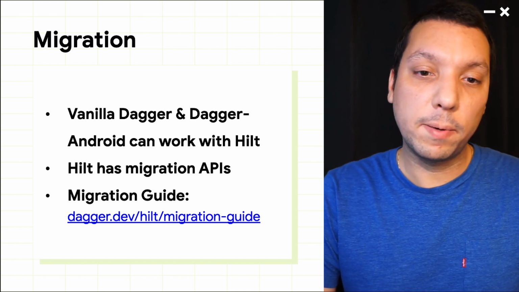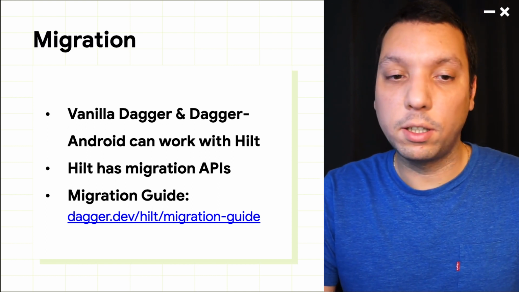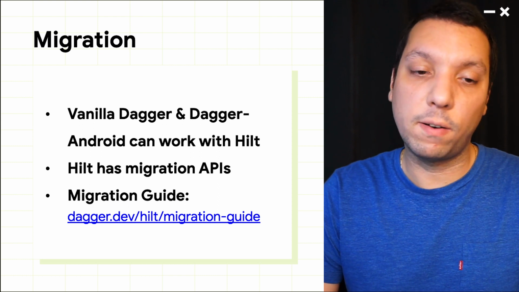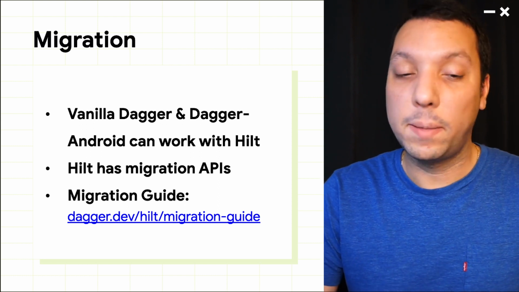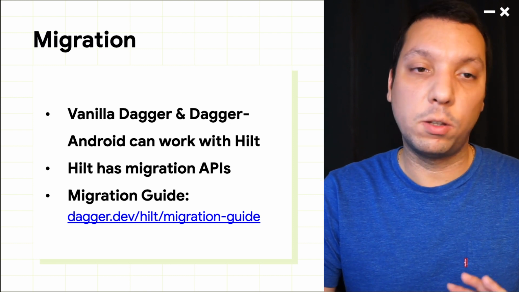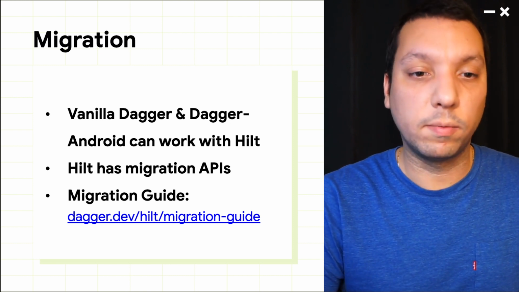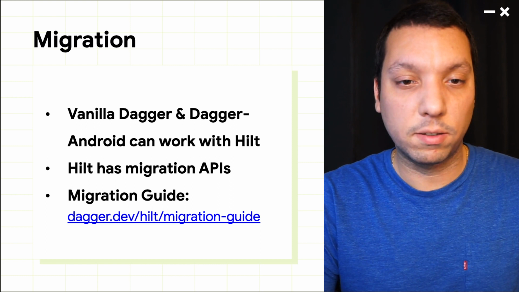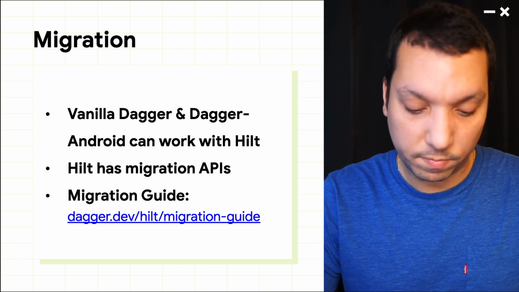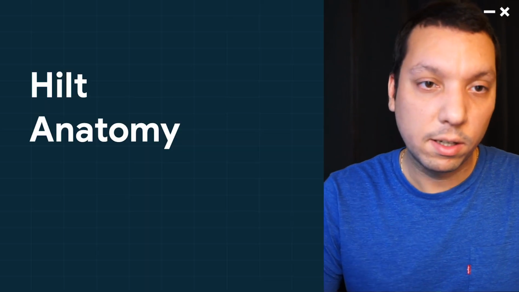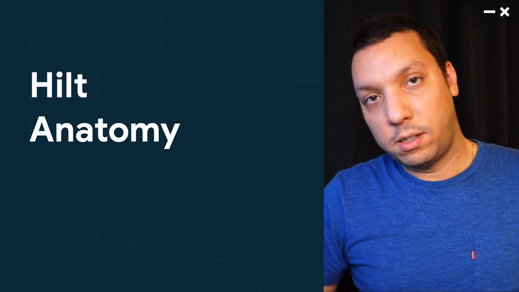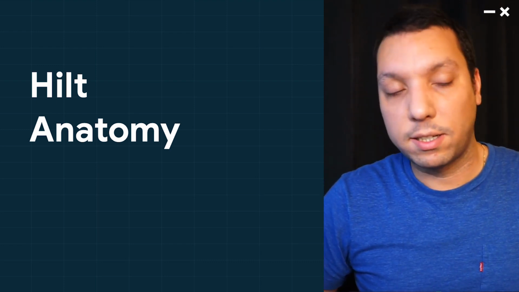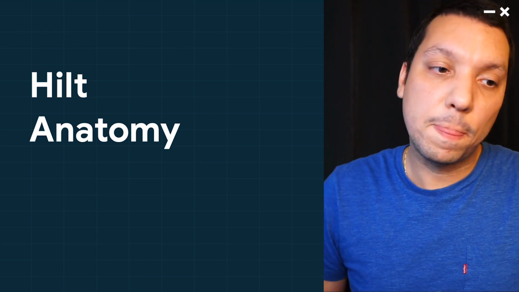Hilt offers some APIs that I won't mention here to help with this. We actually have a whole guide to give you some pointers on how to do this. Please check it out. But we do know changing dependency injection libraries can take a toll. All right, so that's gonna help on the basics, show you how to set it up, how to use it.